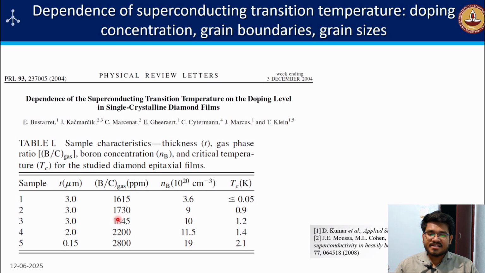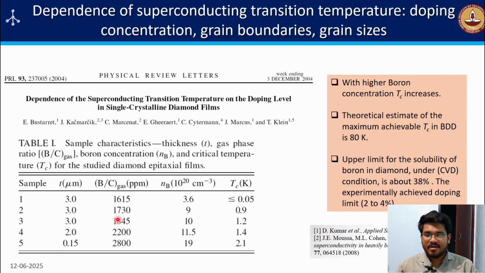So these are some literature surveys where people have shown that if you have a high level of boron concentration, then you can achieve higher Tc, because higher Tc actually gives rise to more superconducting density in your sample. Theoretically in BDD, you can achieve 80 Kelvin, as predicted by some theoretical calculation.